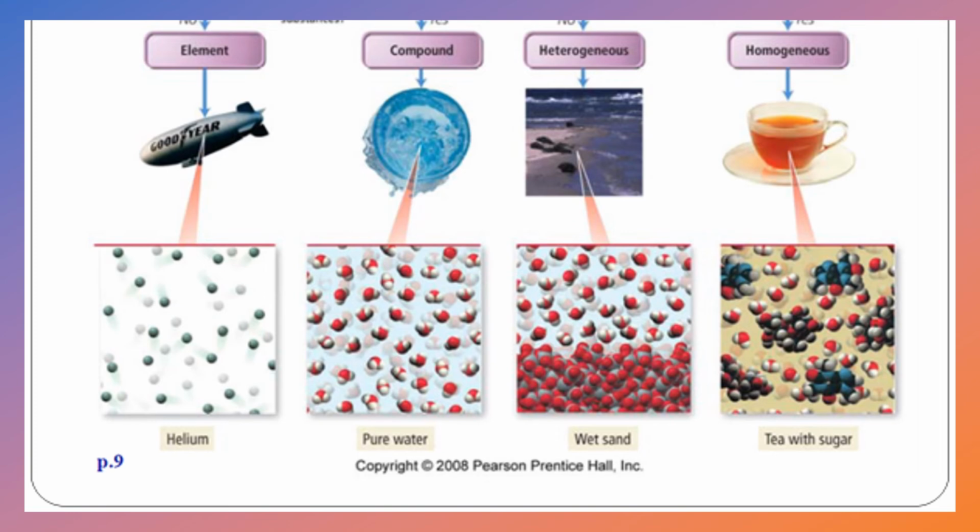Then the pure water, a compound, composed of pure water. Then for heterogeneous, the wet sand. And homogeneous is juice with sugar. Okay. So, that is the difference between element and compound.